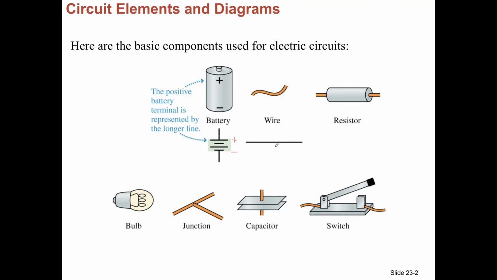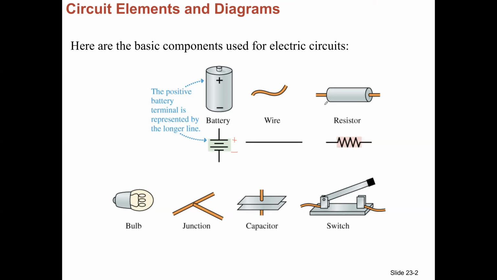If we have something that is meant to limit current, something that has a non-trivial resistance, something that we can't ignore, where the resistance is somewhat higher, then we draw it like this. It's a jagged, squiggly line meant to kind of represent how electrons bounce around and lose energy inside of a resistor.